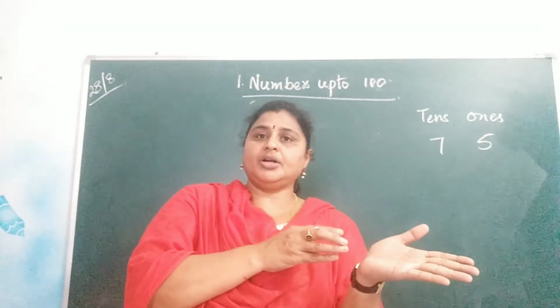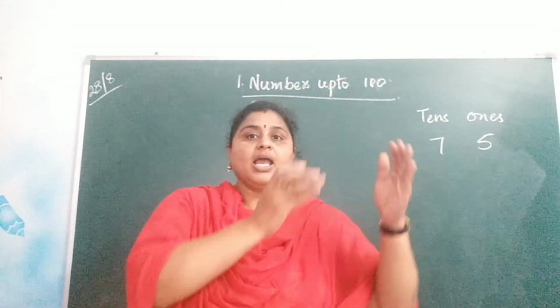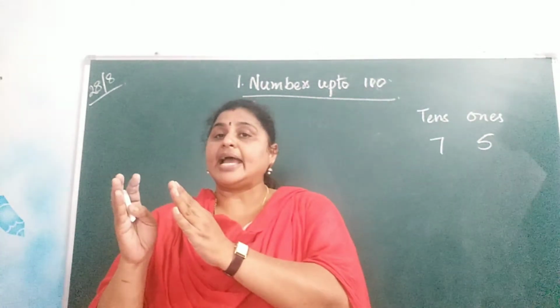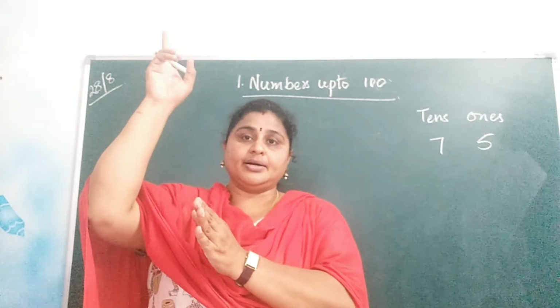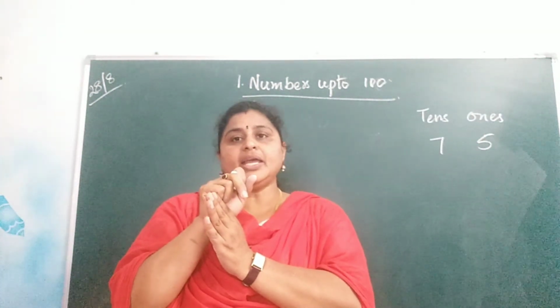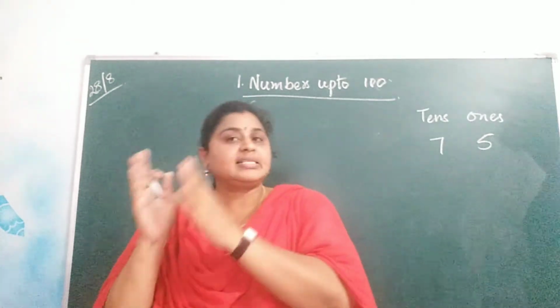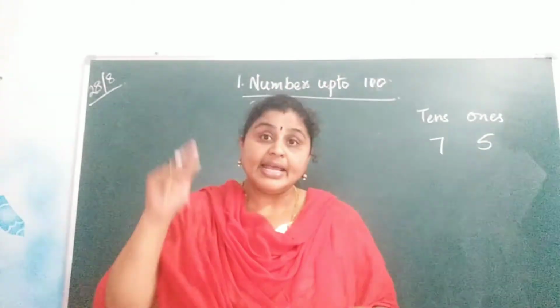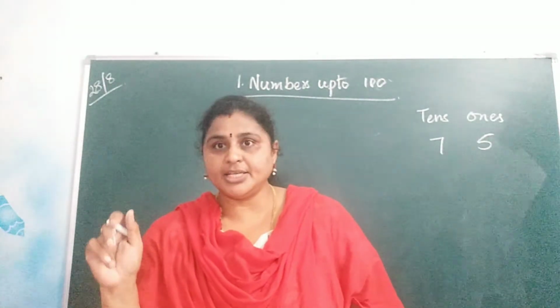Opposite of ascending order is descending order, that is big to small. Small to big, ascending, that is increasing order. Big to small, descending. Got it children? Increasing order, decreasing order.